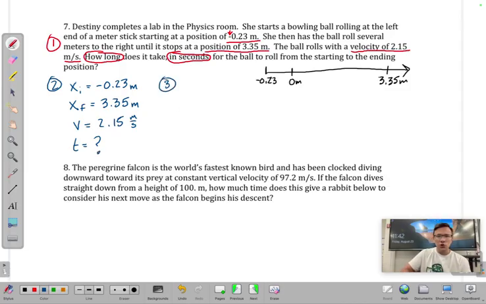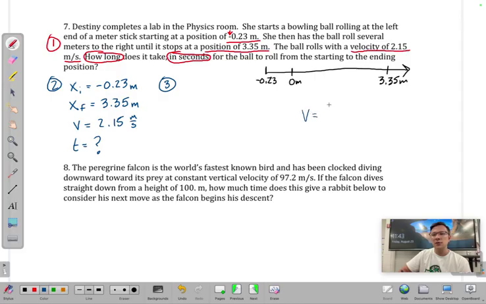The third thing you'll get your point for is writing out the equation to use here. For this one, you just need to make sure that you are using the equation that involves initial and final position, unless you preemptively calculate the displacement. But I'm going to write these off to the side and then I will erase them.